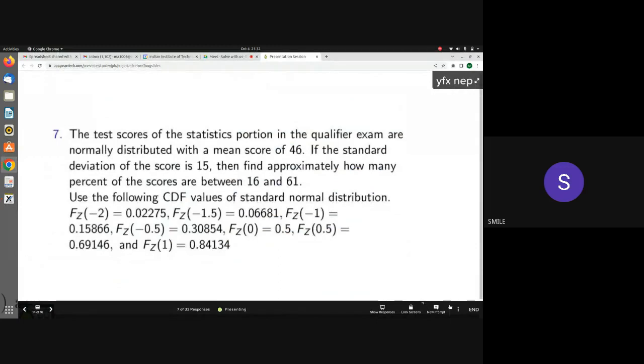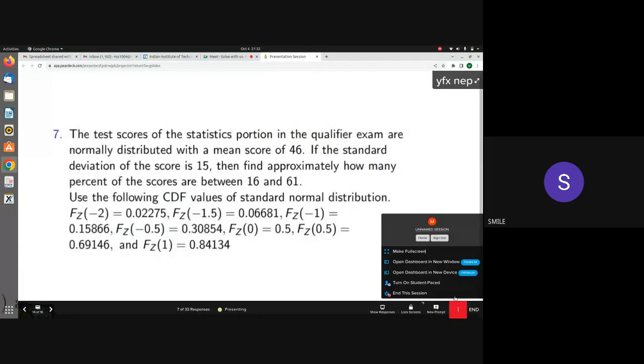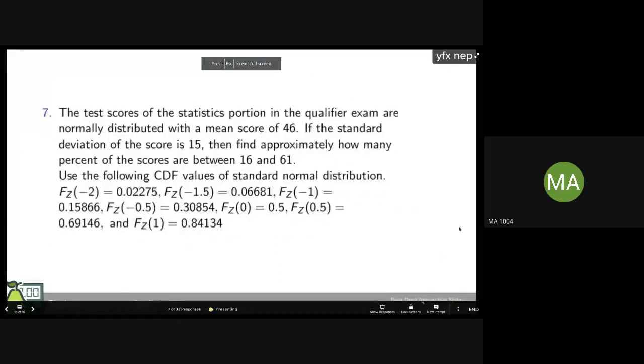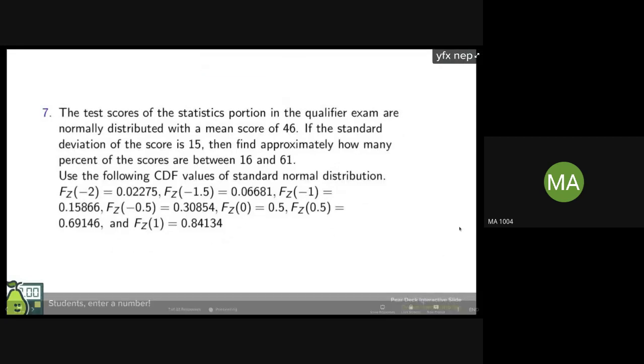Yes, sir. But the nature of the distribution will remain the same. We don't want to change the nature, otherwise that doesn't help me. We shift to the standard normal because the probability values are available for the standard normal distribution.